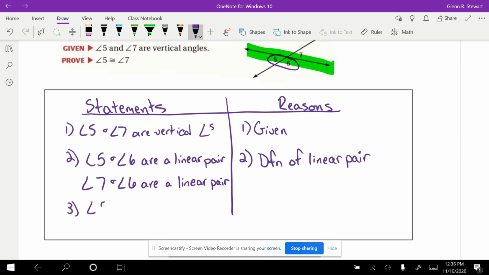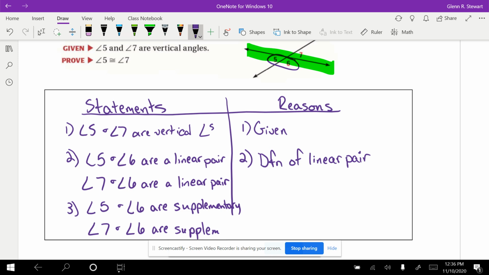So in this case, our next step: angle 5 and angle 6 are supplementary, and angle 7 and angle 6 are supplementary. Because remember what supplementary is.